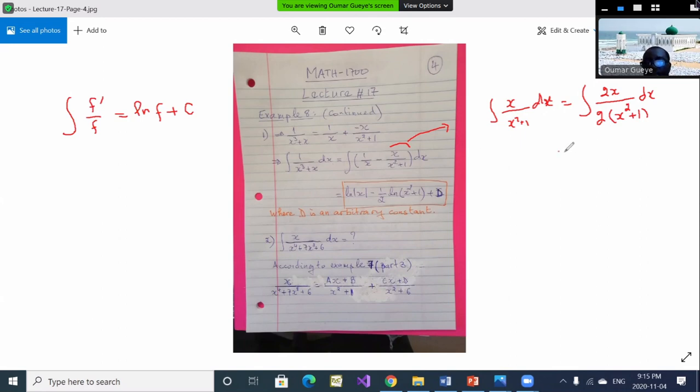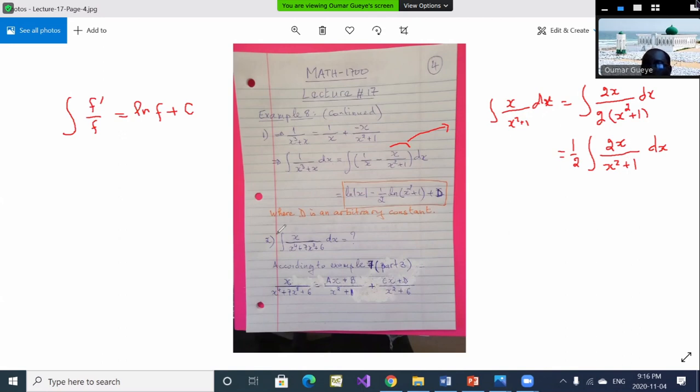And then this becomes, I'm going to take this 2 out from the denominator. It's going to be 1 over 2 integral of 2x over x squared plus 1. Is it okay?